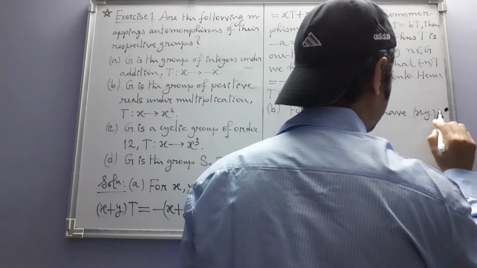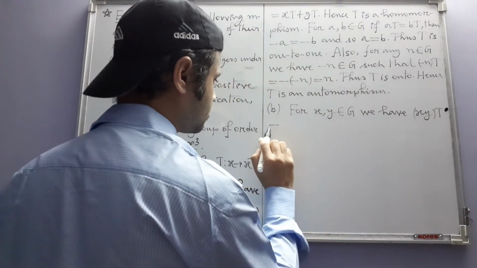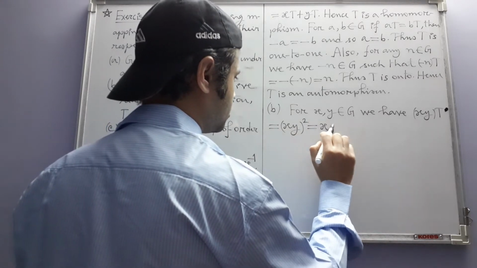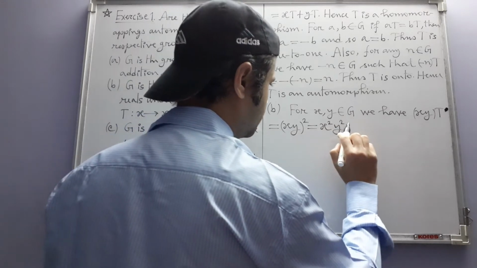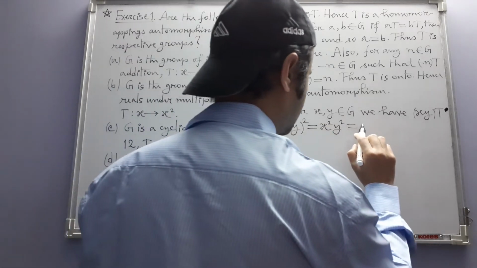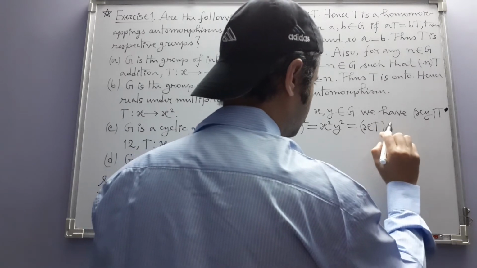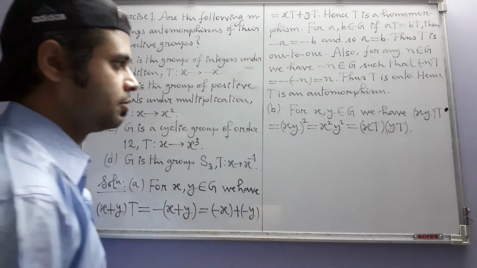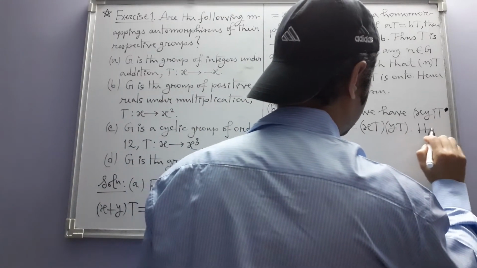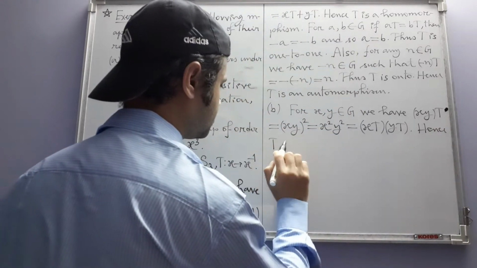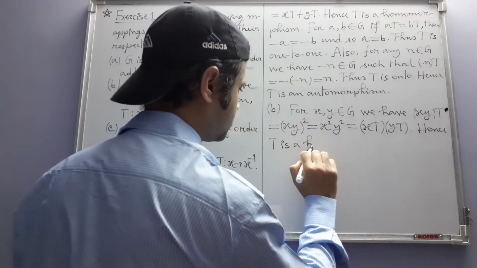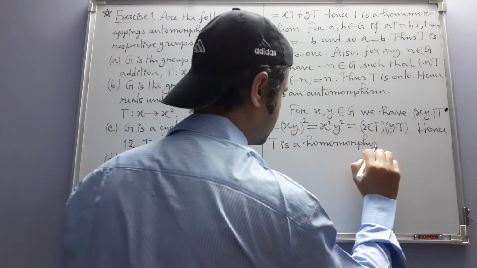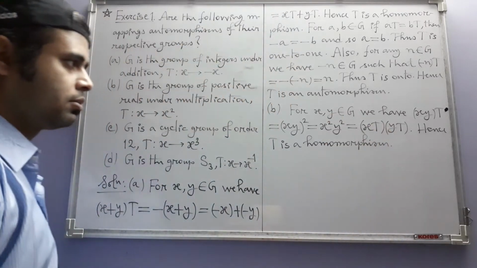The t image of xy is the square of xy, which we know is equal to x square times y square, and x square is xt, y square is yt. Hence t is a homomorphism.